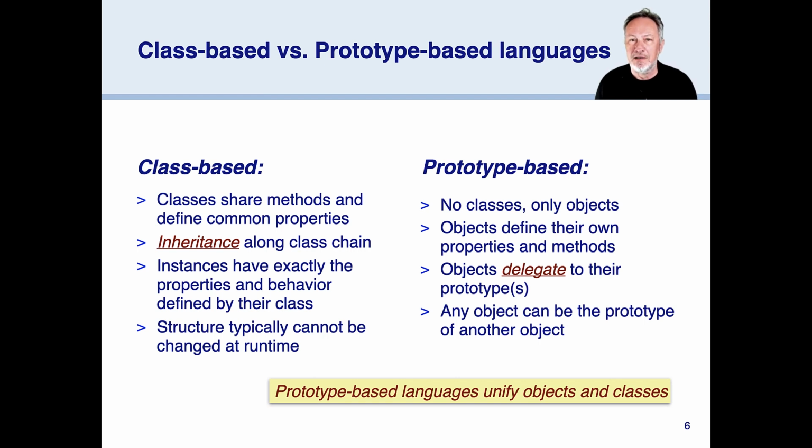That means that essentially the behavior of objects in prototype-based languages can be changed and extended at runtime. So instead of inheritance, we have the mechanism of delegation, and delegation serves as the mechanism for sharing behavior across multiple objects.